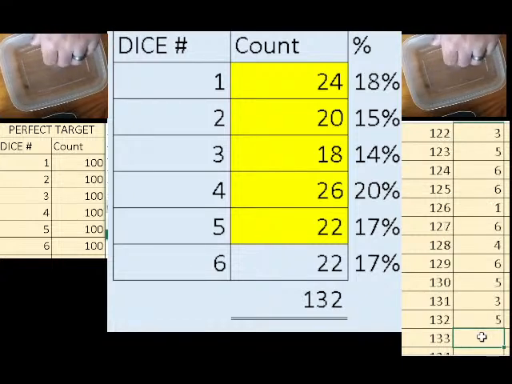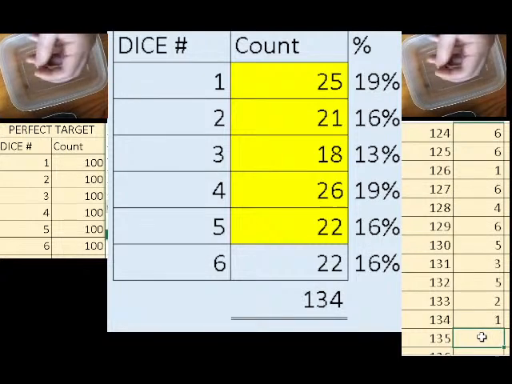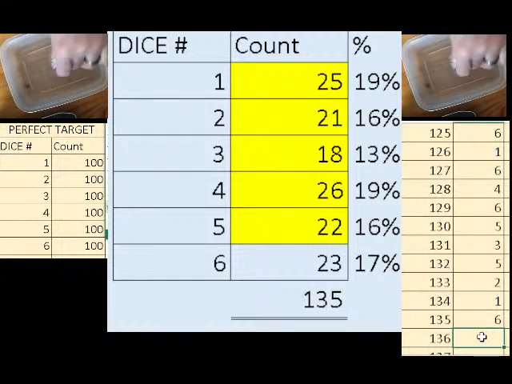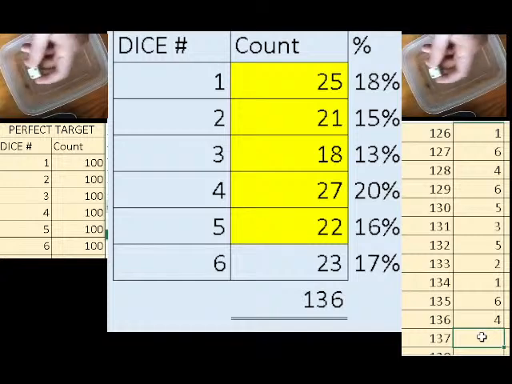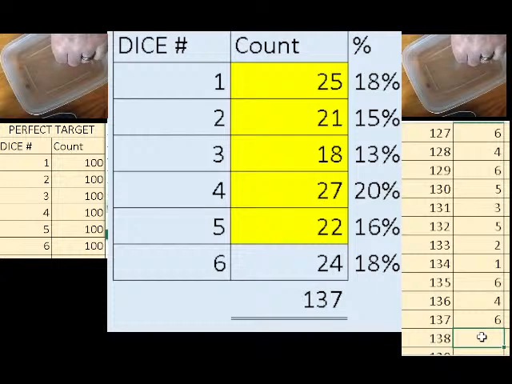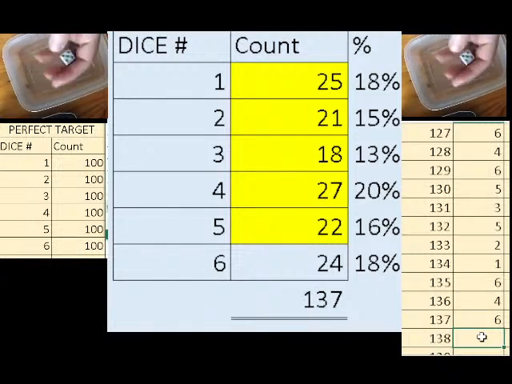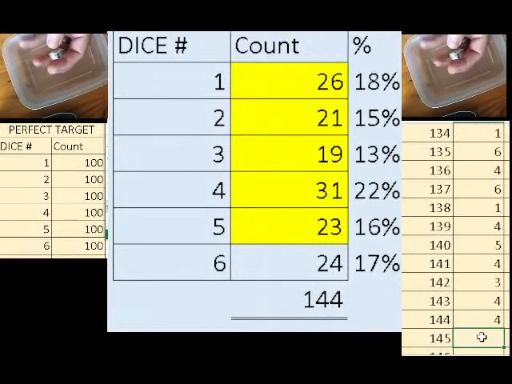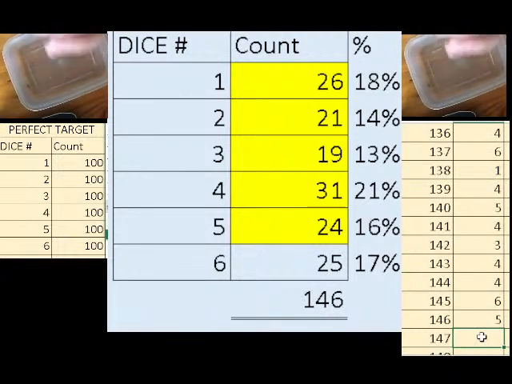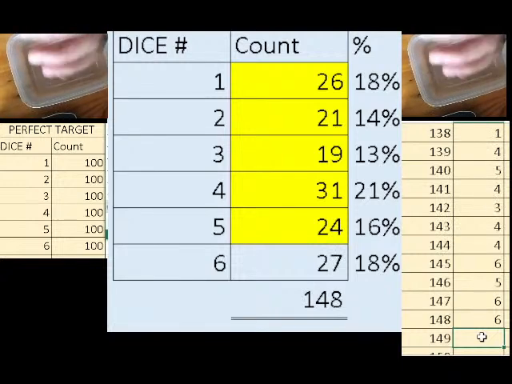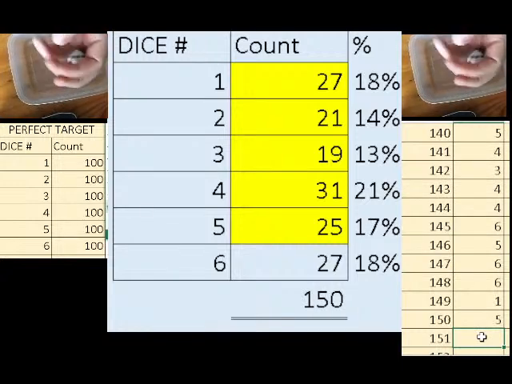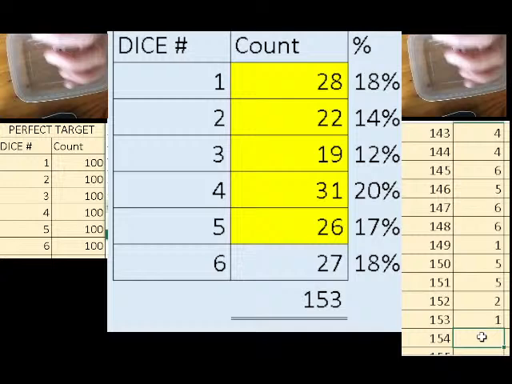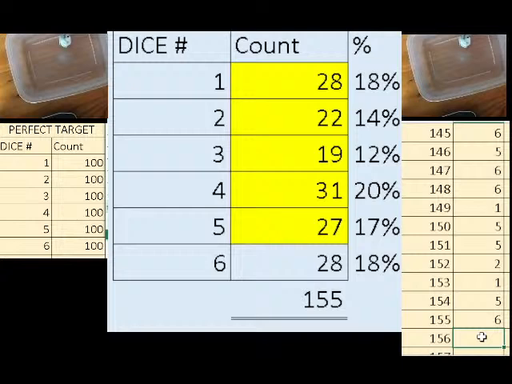Yay, a 3. Special number 3. But for the sake of science, yay, 3.